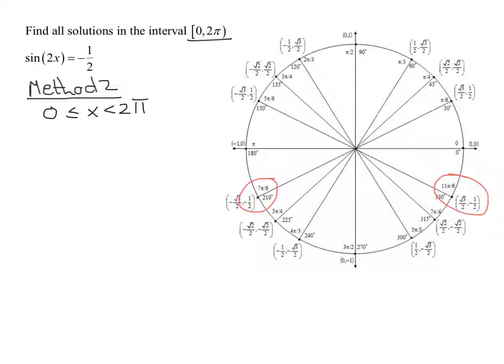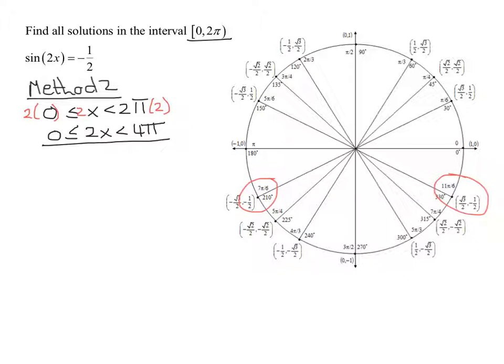But since I want to find 2x, I'm going to multiply each part of that inequality by 2. So I'm going to get that 2x has to lie between 0 and 4 pi. So that's the first part that I have to do with method 2.